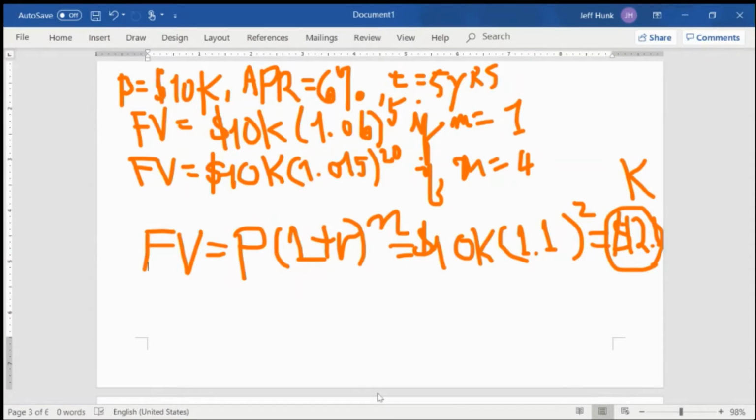And for the same reason, you are not willing to accept anything less than 10K, right? So this 10K is, of course, the principal of 12.1K today, if the interest rate is 10%.